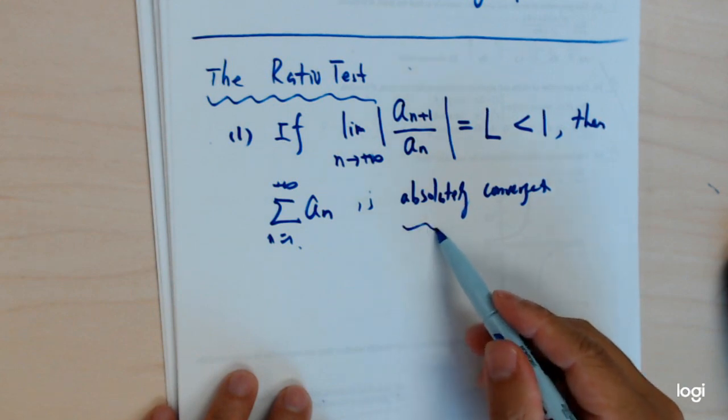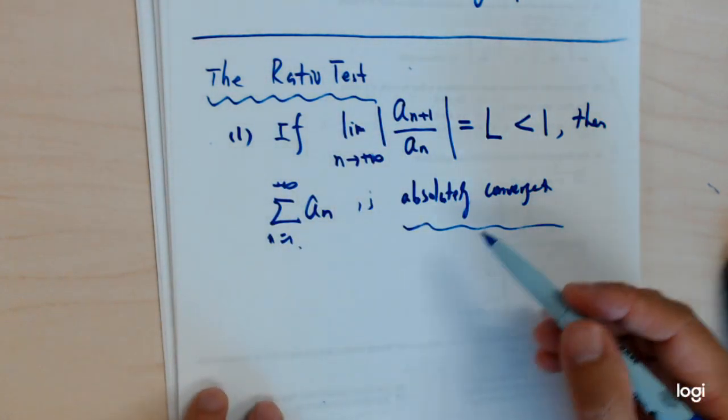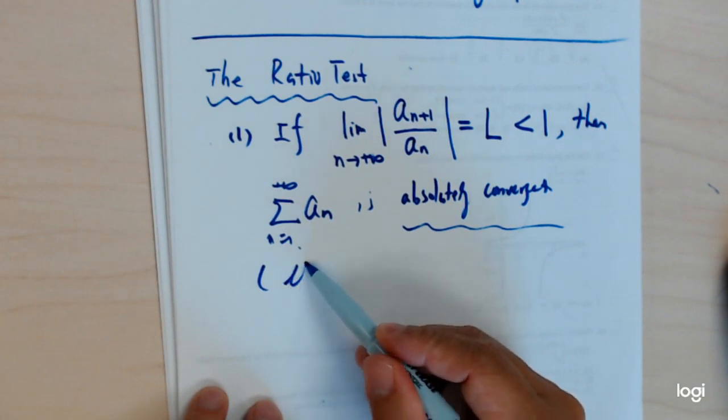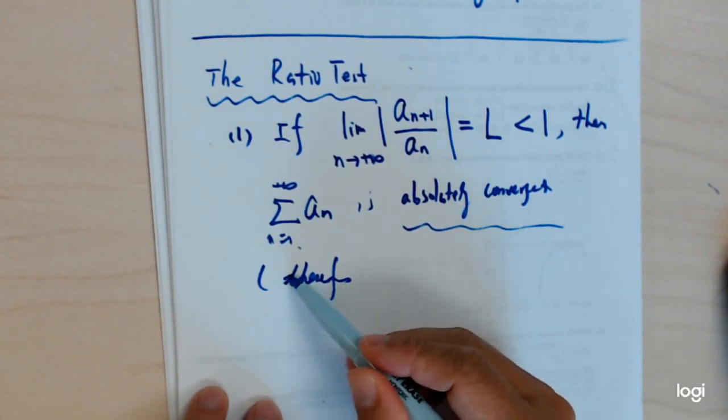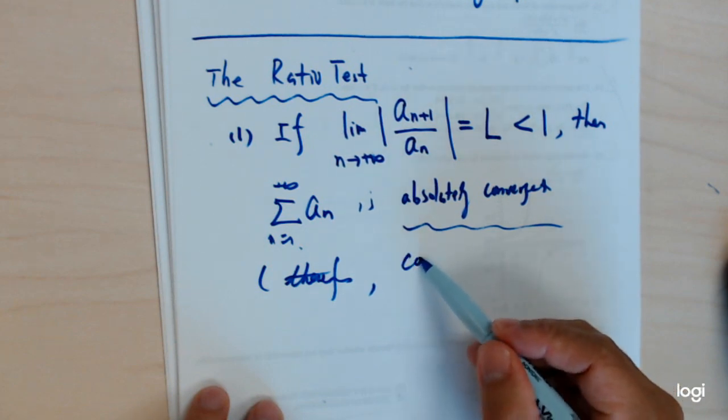And notice this is a very strong statement. Absolutely convergent means if you take the absolute value, it's also convergent. As our previous theorem says, if a series converges absolutely, it must also be convergent.